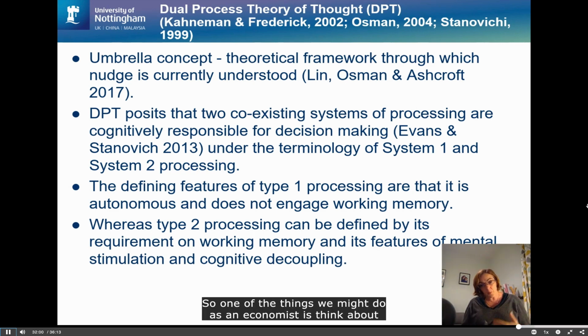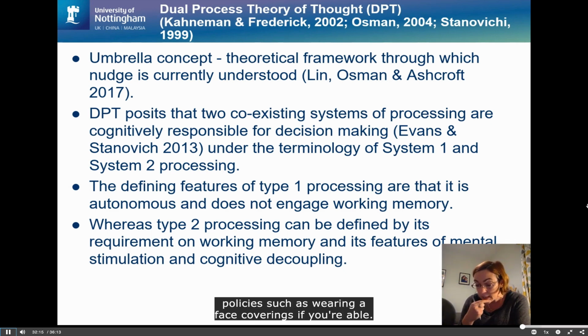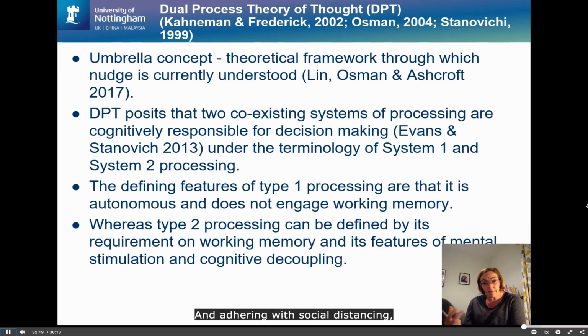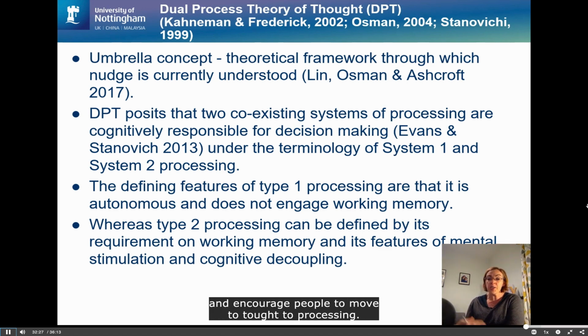So one of the things we might do as ergonomists is think about how we can encourage or require type 2 processing. One of the things we're getting quite a lot of feedback on, in terms of encouraging and requiring people to comply with COVID policies, such as wearing face coverings if you're able and adhering to social distancing, is that we need to continually refresh these messages and encourage people to move to type 2 processing.